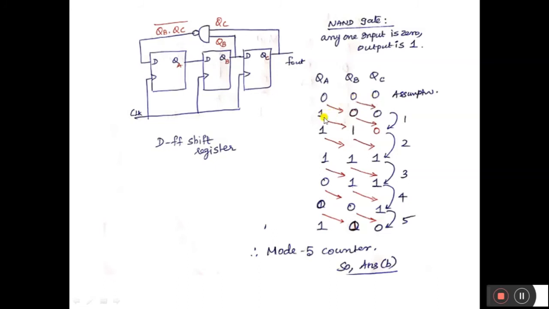At the end of the second cycle, this 1 I write here and this 0 I write here. Here both inputs are 0, again the output of the NAND gate is 1. Again shifting, this 1 I write here and this one I write here, and here 0 is present, another is 1. Anyway, the output is 1.